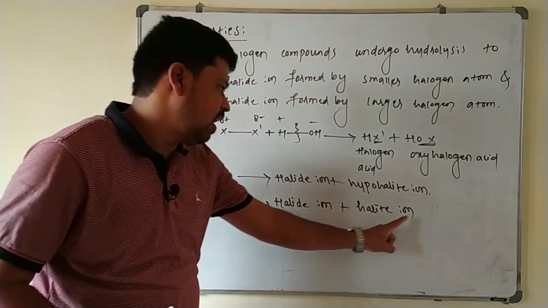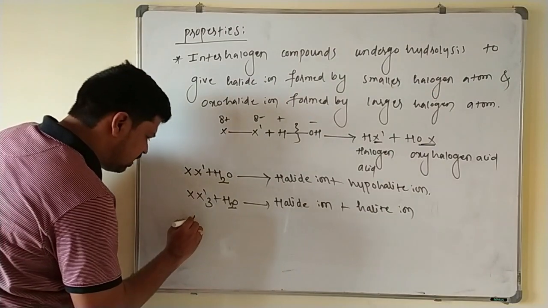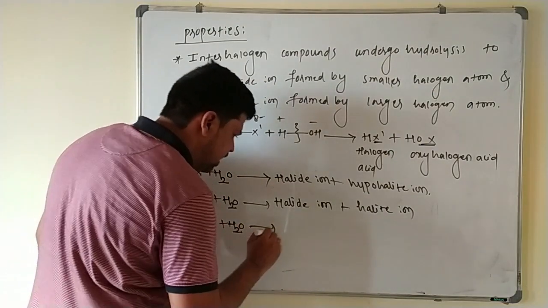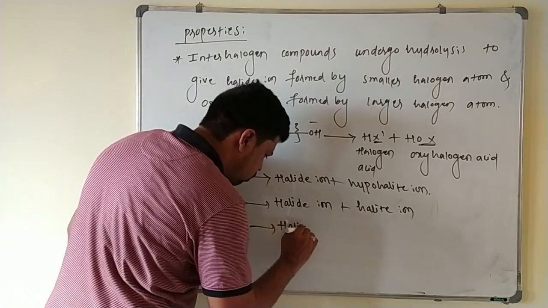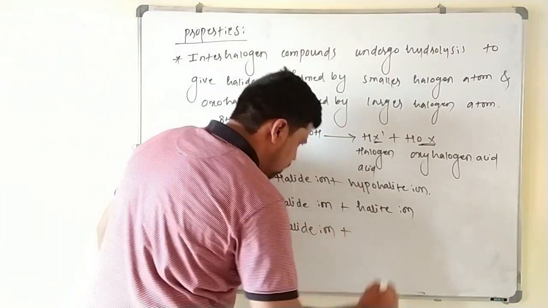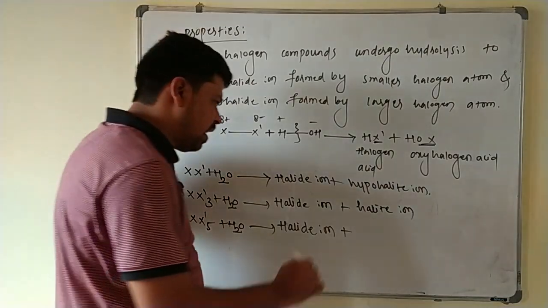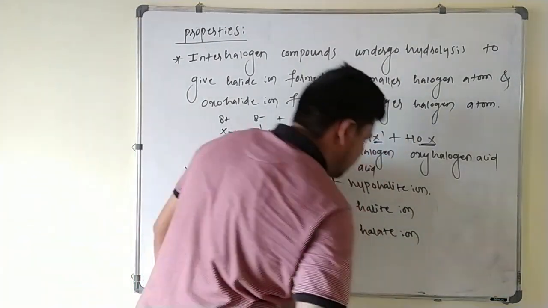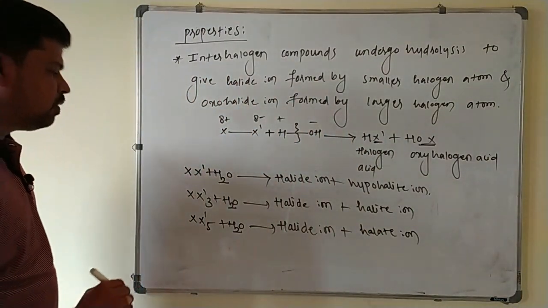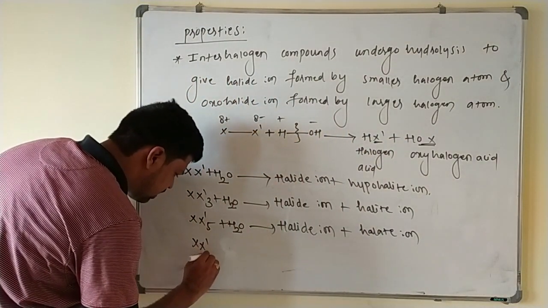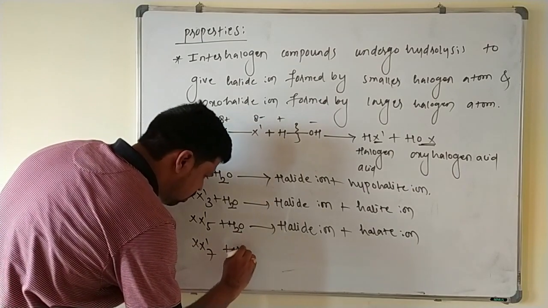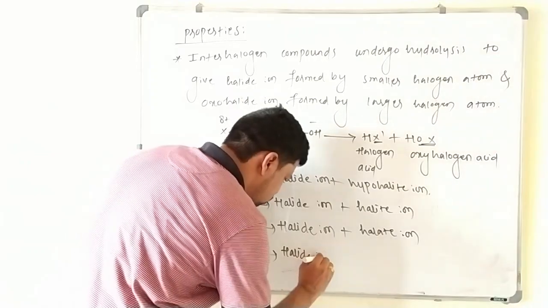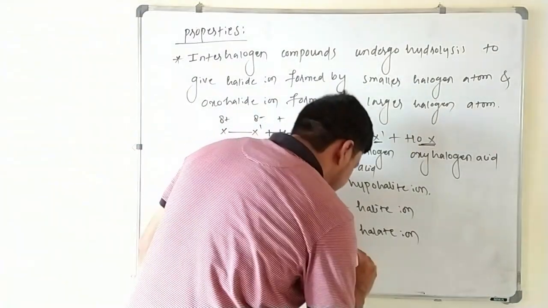Next, in case of XX'5, on hydrolysis again it gives halide ion, plus here you get halate ion as the oxohalide ion. In case of XX'7, upon hydrolysis again you get halide ion, which is common, and here you get perhalate ion.